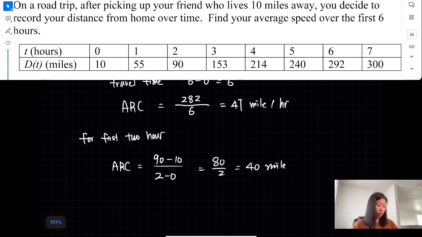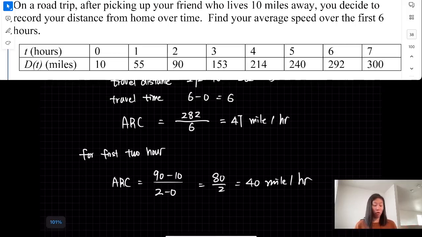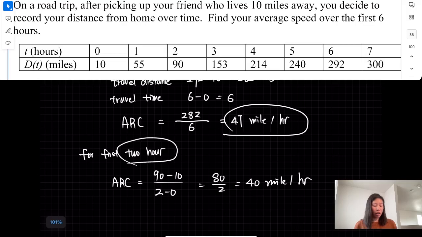So that means in the first 2 hours, you're driving 40 miles per hour, which is faster than the first 6 hours. Take a look, your average rate of change is going to be different. In the first 6 hours, you're driving 14.7 miles per hour on average, but within the first 2 hours after you pick up your friends, you were driving 40 miles per hour.